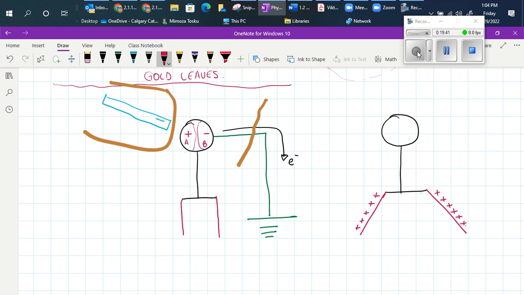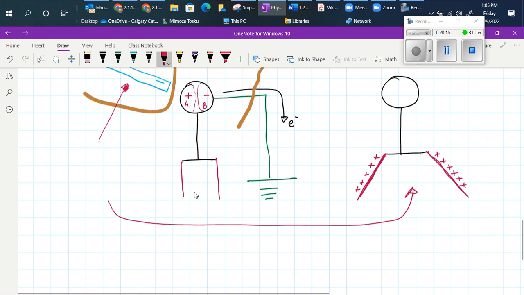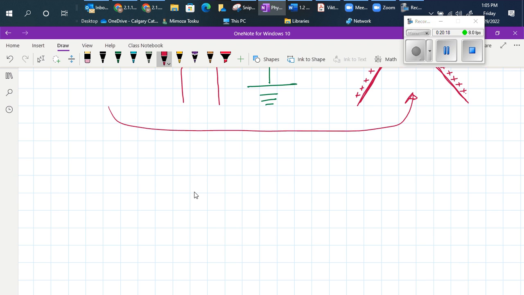This is why, as soon as the electroscope is charged, both leaves go away. Not one, but both of them are opening up. So it is true that we started with a negatively charged rod, but we ended up with a positively charged electroscope. And if we start with a positively charged rod, we will end up with a negatively charged electroscope.